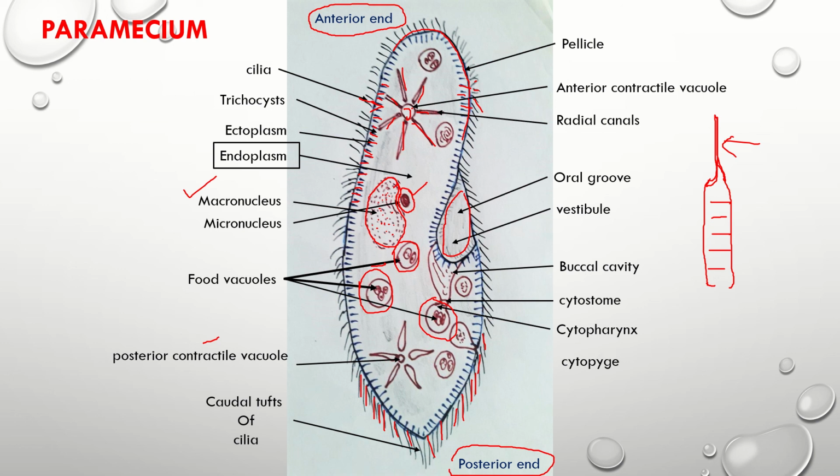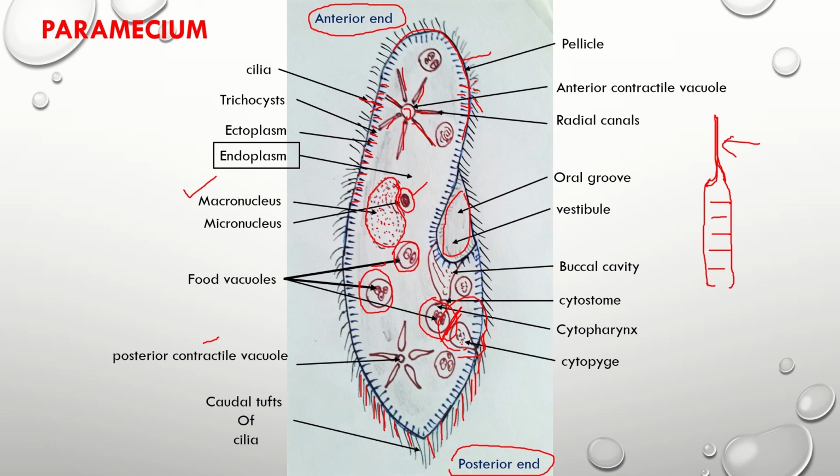This cytophage is found near the posterior end of the body, in this particular area, a little behind the cytosome.